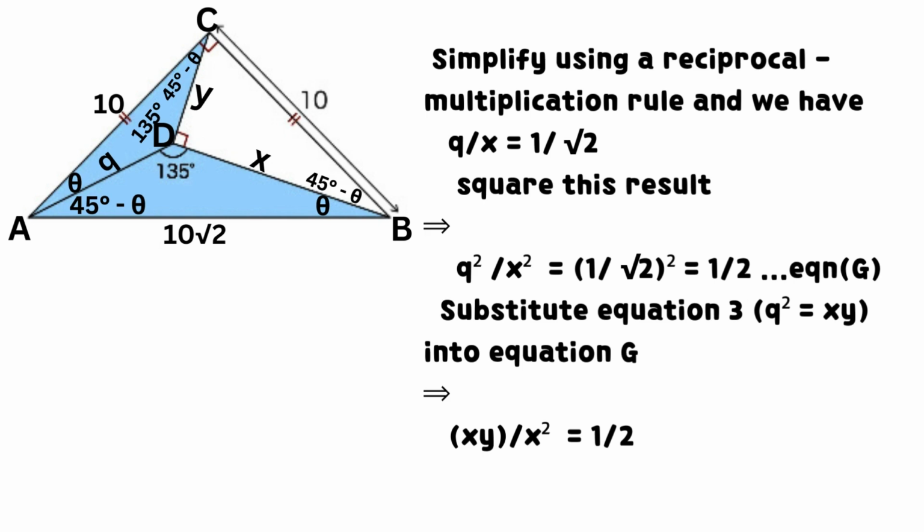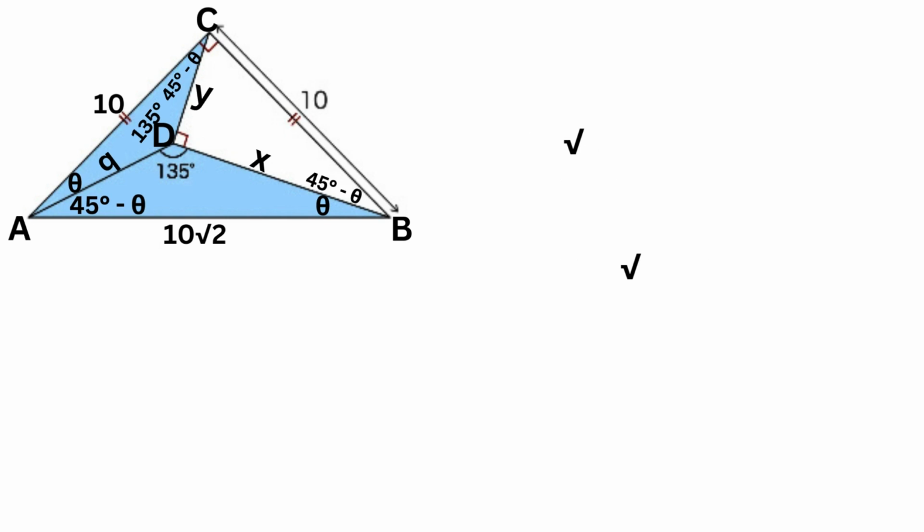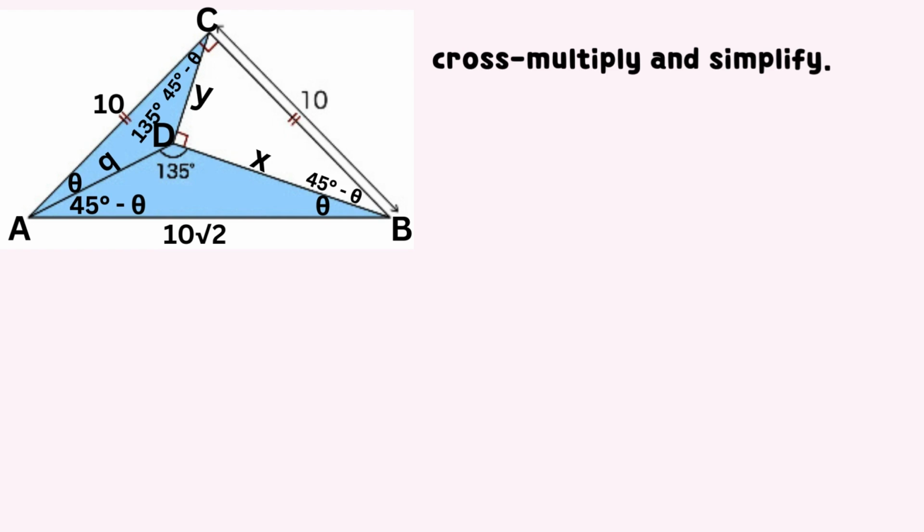Substitute equation 3 into equation G. It implies that the product of x and y, all divided by the square of x, equals half. Cross multiply and simplify.